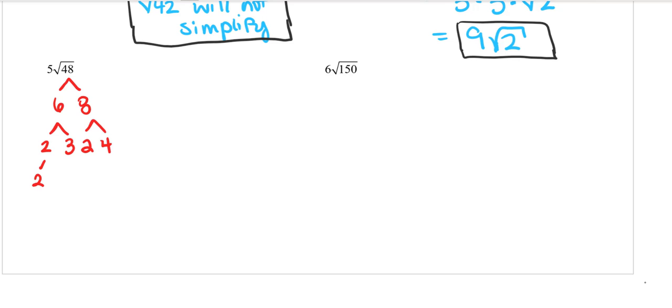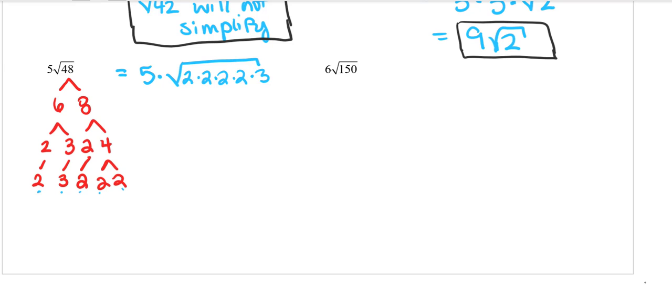The 2's and the 3's won't break down any further, but 4 breaks down into 2 times 2. So now let's rewrite this as 5 times the square root of, well, we've got 1, 2, 3, 4 factors of 2, so 2 times 2 times 2 times 2, and then 1 lone factor of 3, so times 3.